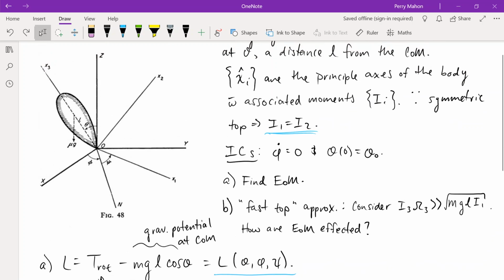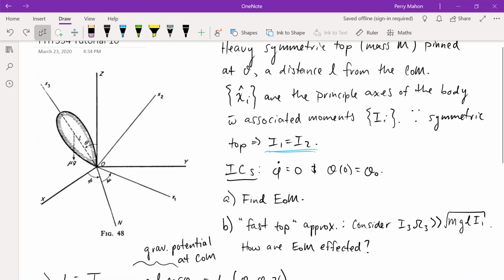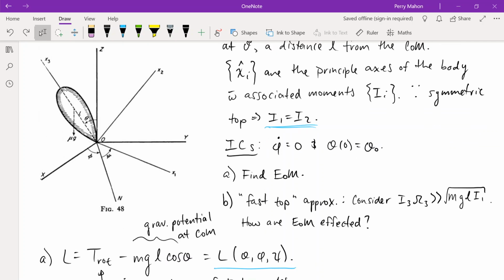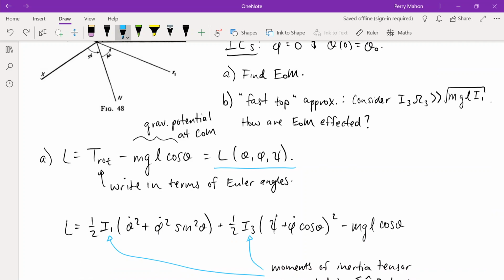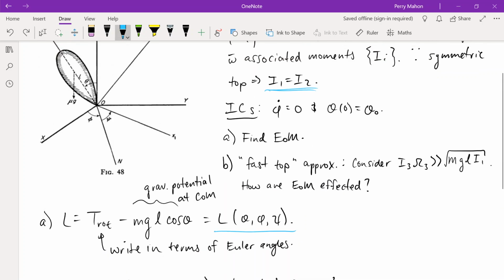Now, the situation seems to be qualitatively different if we were to set the origin of the body frame at the center of mass, because there you would have a translational kinetic term associated with the movement of the body frame. But it turns out that that would be perfectly compensated by the fact that the rotational term you would write down there would be related to the moments of the inertia tensor represented in that basis.